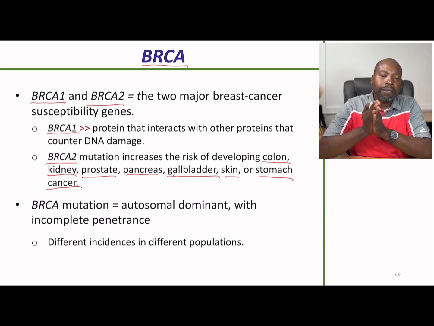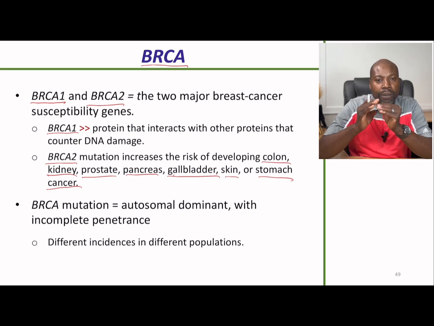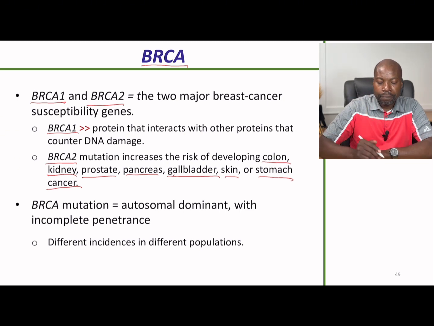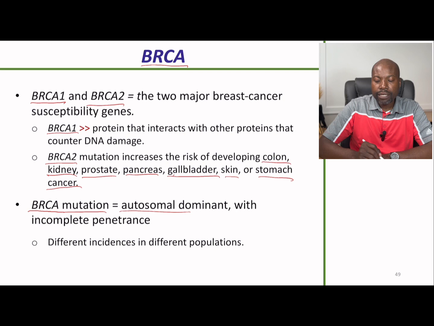So, having identified a particular gene associated with a particular cancer, such as the BRCA gene, doesn't mean that it cannot be associated with other cancers. That is very important to remember. So, BRCA mutations are occurring in autosomes, right?